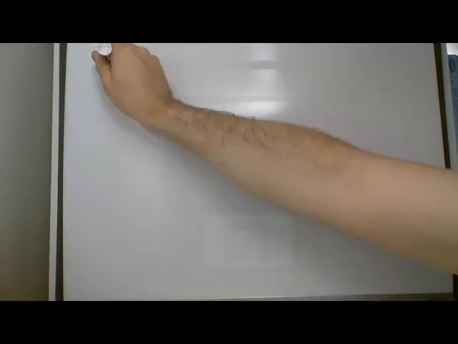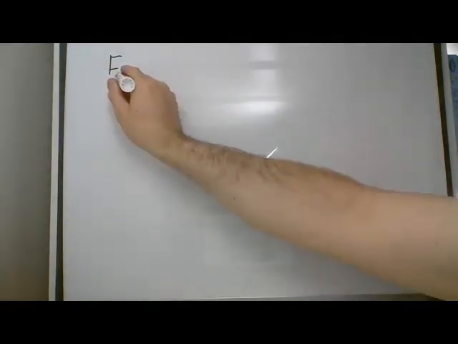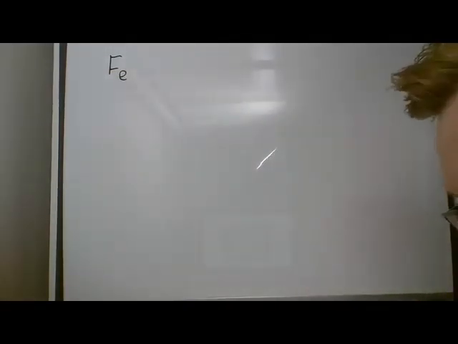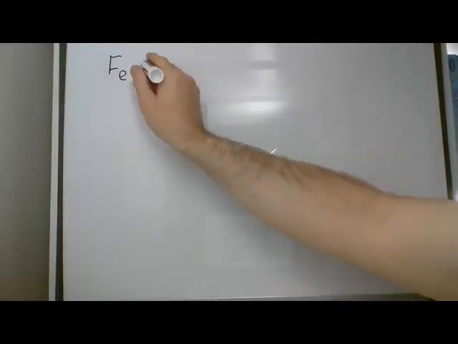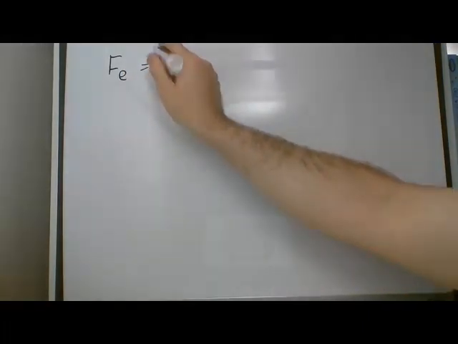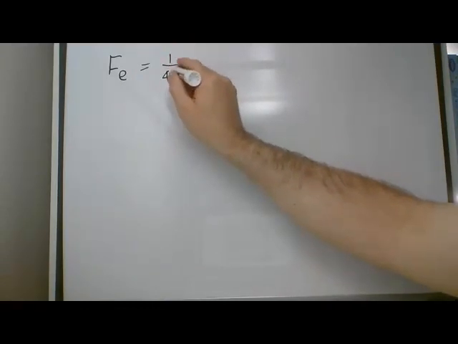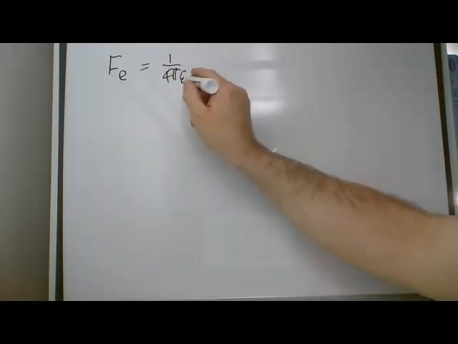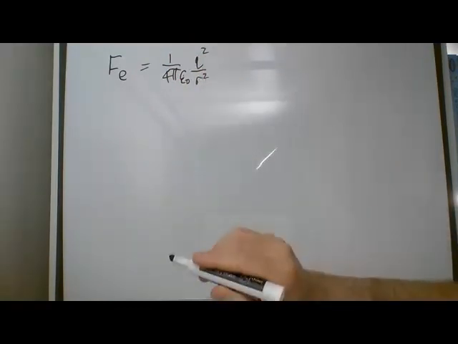Okay, so I'm going to call this force the electrostatic force. When I say electrostatic force, I'm talking about the force based on Coulomb's law. We said that that was equal to 1 over 4 pi epsilon 0 times q squared over r squared.